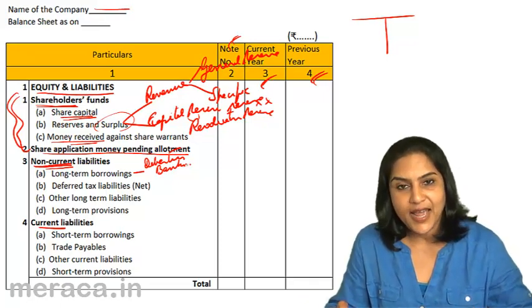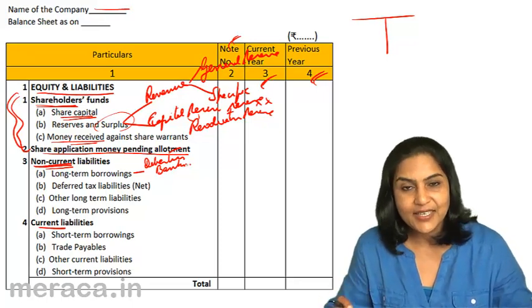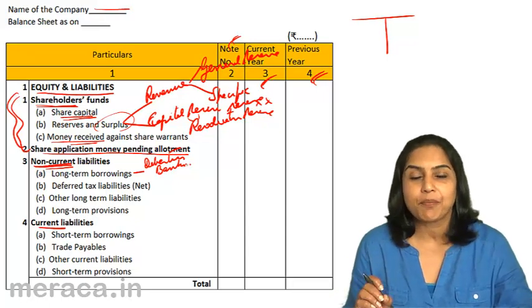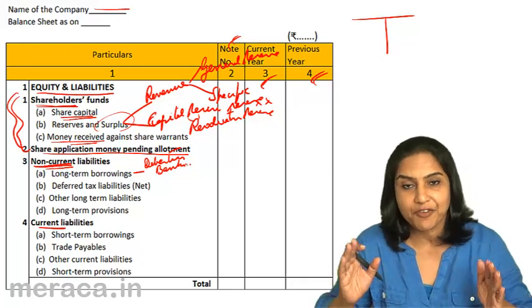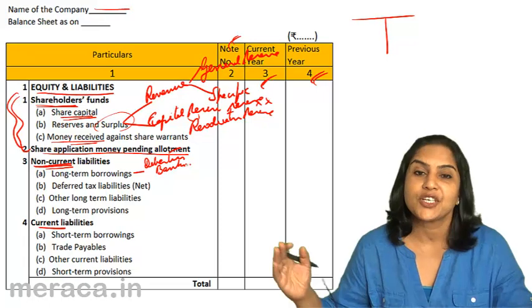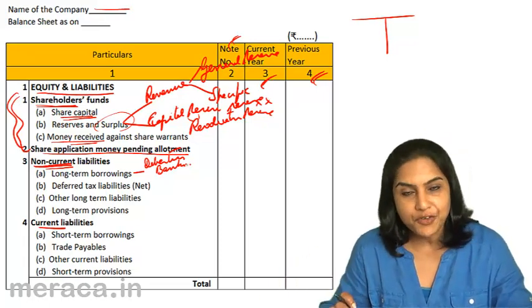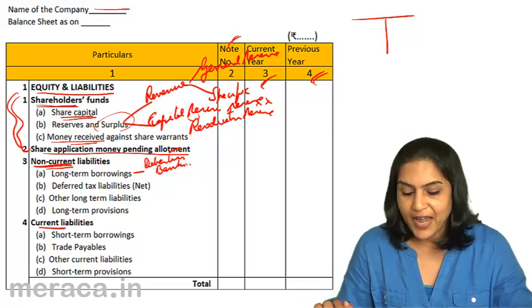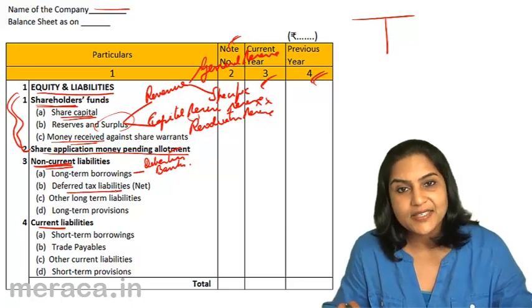Basically, a deferred tax liability or a deferred tax asset arises because there may be a difference in the profits that are reflected in the financial books, and the profit which is determined for income tax purposes. Because of these differences in the amount of tax, we have concepts of deferred tax liability and deferred tax asset.